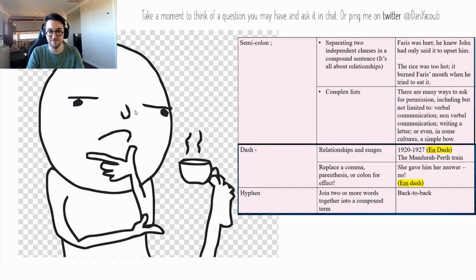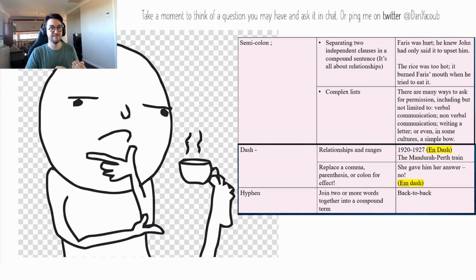So, for example, if I used a comma here, even, Faris was hurt, comma, he knew John had only said it to upset him, that would be less correct. I don't think it would be completely incorrect, but it would be less correct.